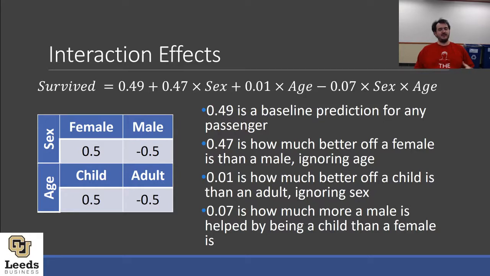So again, there is some overlap between why the algorithm predicts sex and child surviving, because there are more female children than there are male children in the subsample I had. So part of what it's predicting is an overlap. As a result, males gain more benefit from being a child than a female would.